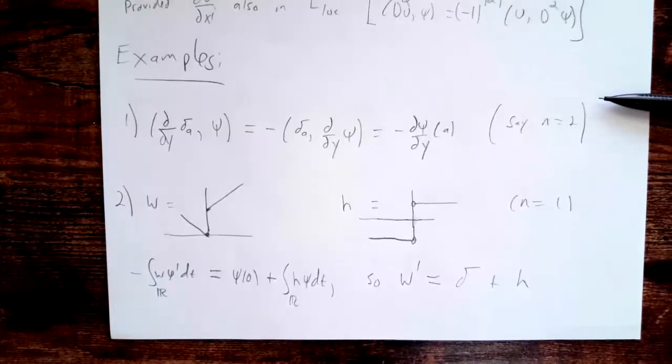And using integration by parts, I can see that this is equal to psi of 0 plus h times psi. I'll let you work that out. And so the distribution w prime is nothing but Dirac delta plus h. That is to say, w prime applied to psi will give you psi of 0 plus the integral of h times psi. So any questions or comments on that?